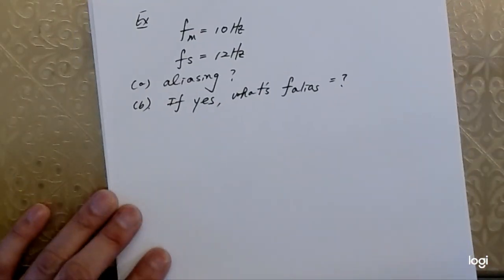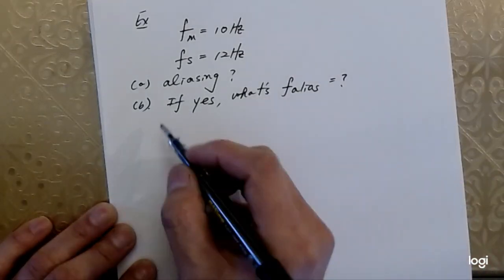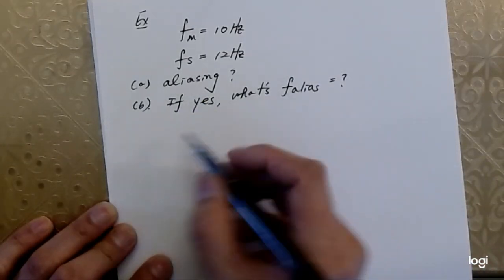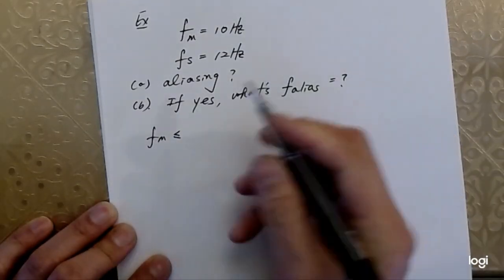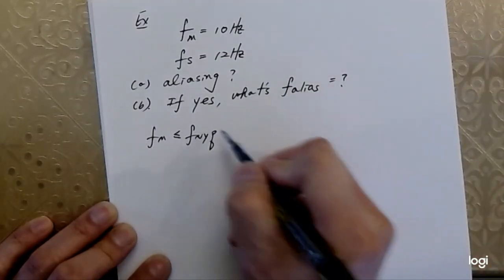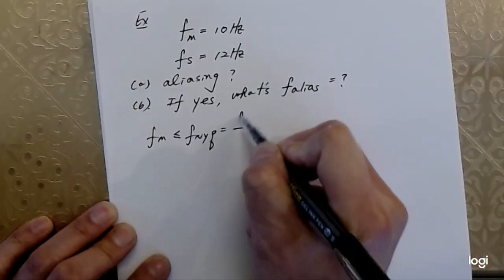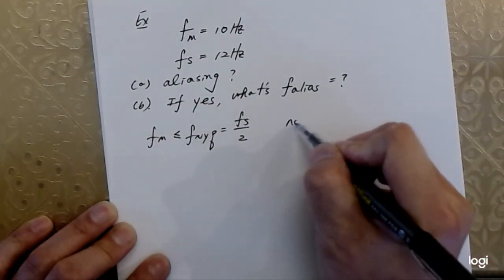So this means, if you remember last time, we said if the signal frequency is smaller than or equal to the Nyquist frequency, which is equal to the sampling frequency divided by 2, there's no aliasing.